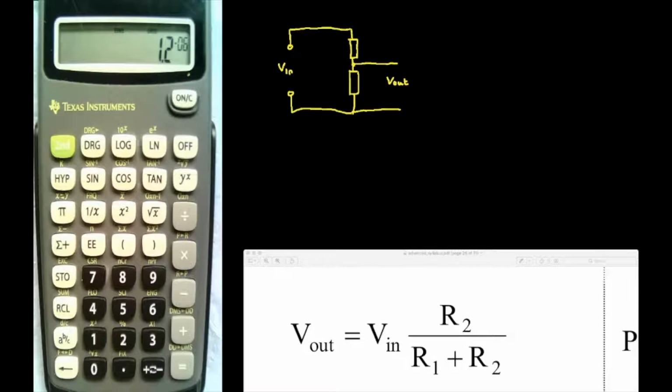And this equation, the one on your screen there, allows you to calculate what V out is. So we have to be able to label these. This one is R1 and R2. If they were the other way around, the formula would be incorrect. So we have to have knowledge of what they're getting at, what they're talking about.